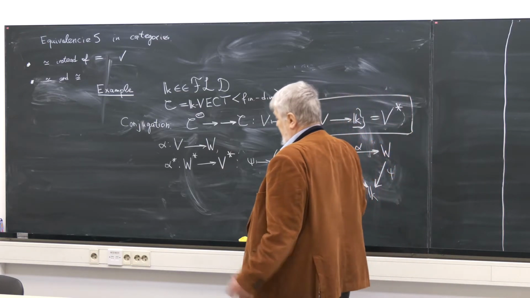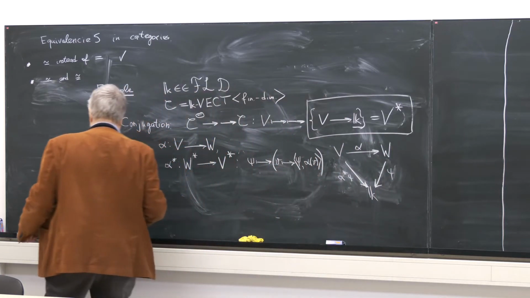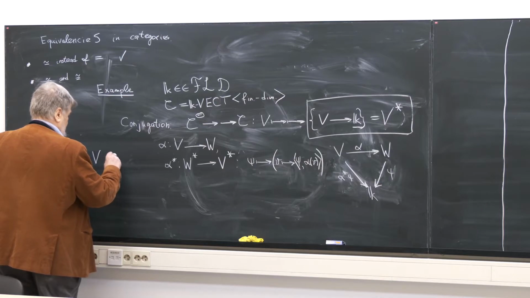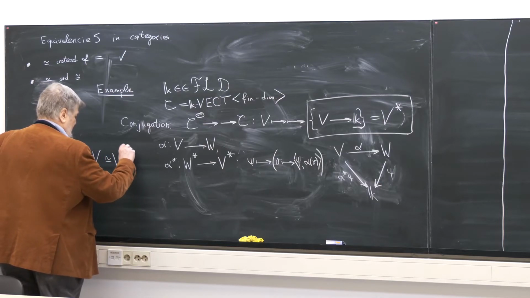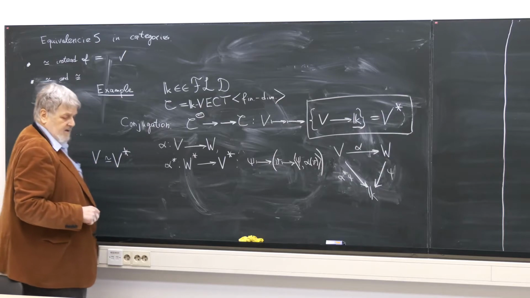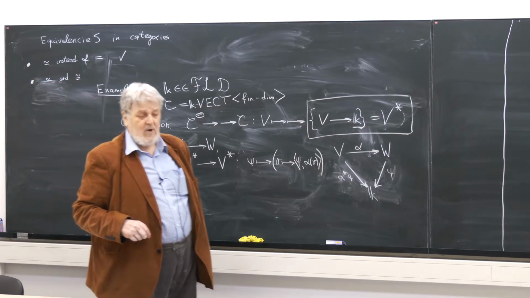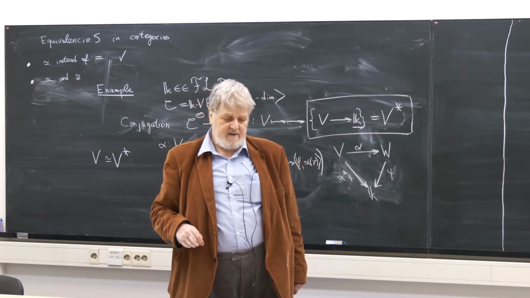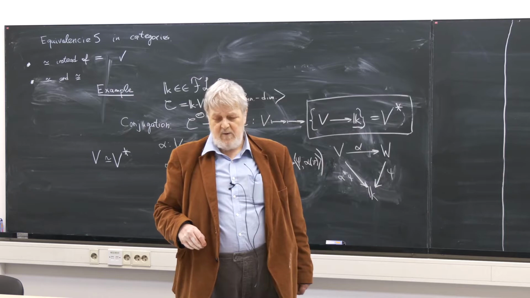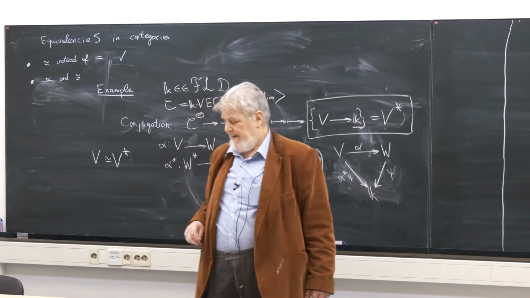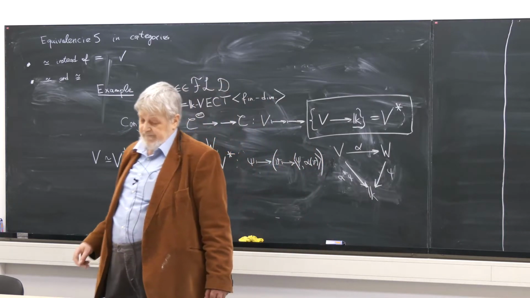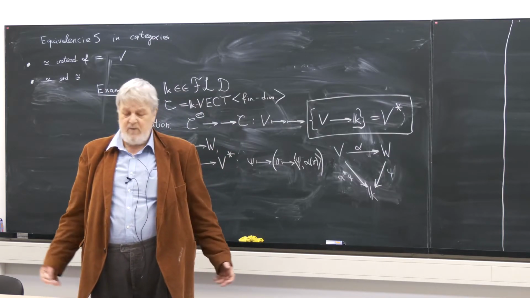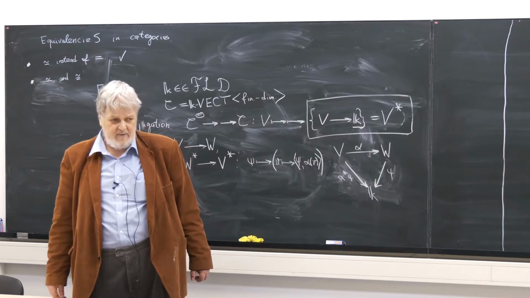So now, let's just fix first that V, any V, is isomorphic to V star, but not canonically. It is a bit difficult to give a precise sense to it, because you could suspect that there exists some canonical equivalence, but we are just not aware of it.